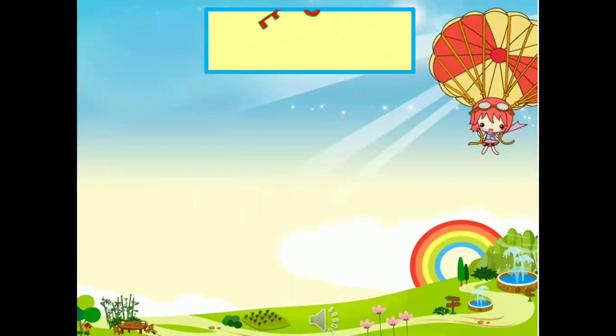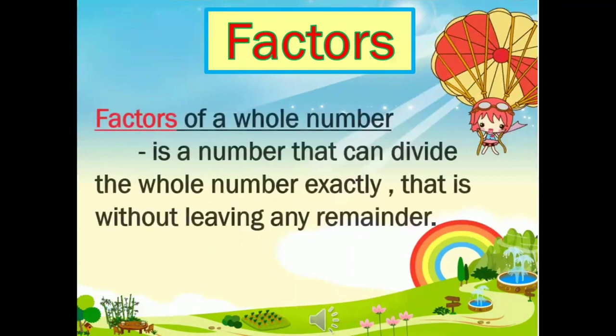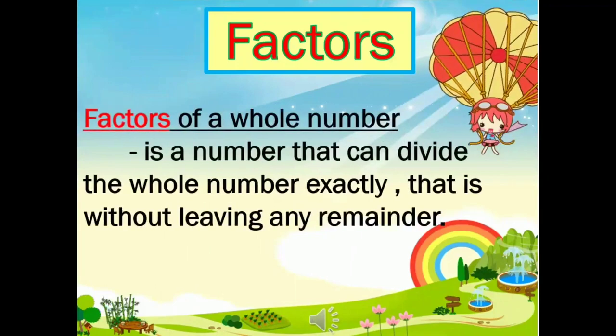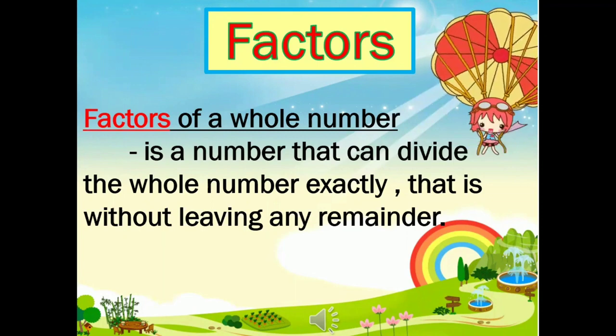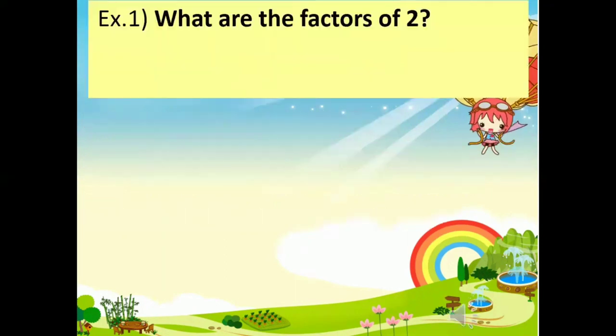Okay, so let's start with factor or factors. What is a factor? A factor of a whole number is a number that can divide the whole number exactly, that is, without leaving any remainder. For example, what are the factors of 2?